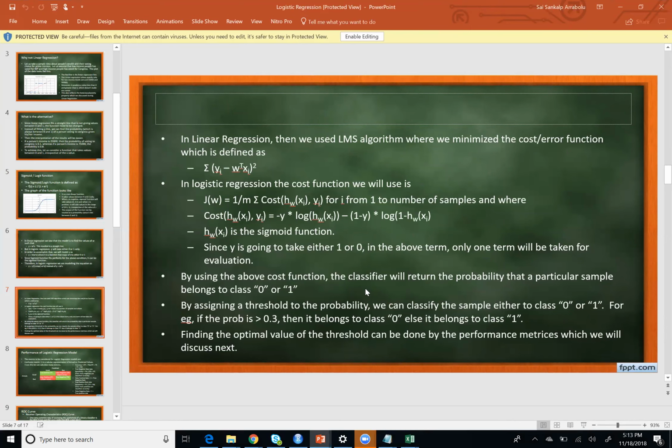By using the above cost function, the classifier will return the probability of whether a sample belongs to class 0 or 1. By assigning a threshold to the probability, we can say whether it belongs to 0 or 1. For example, if the probability is greater than 0.3, then it belongs to 0, or else it belongs to 1.